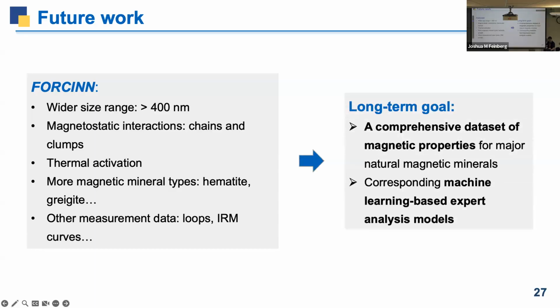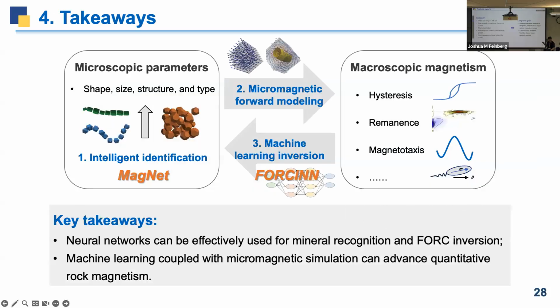The long-term goal is, first of all, we need a very good data set. We need to compute a comprehensive data set of magnetic properties for major natural magnetic minerals. And then we can train very robust corresponding machine learning analysis models. So that's our long-term goal. In summary, we propose the intelligent framework MagNet to extract particle information from TEM images.